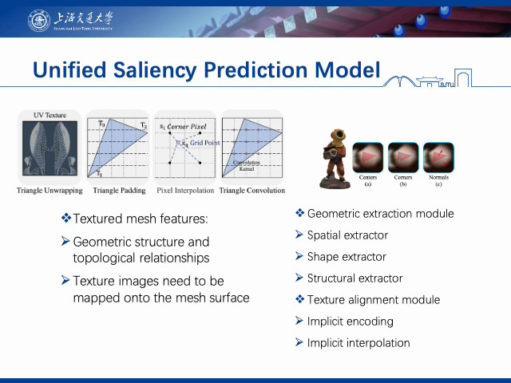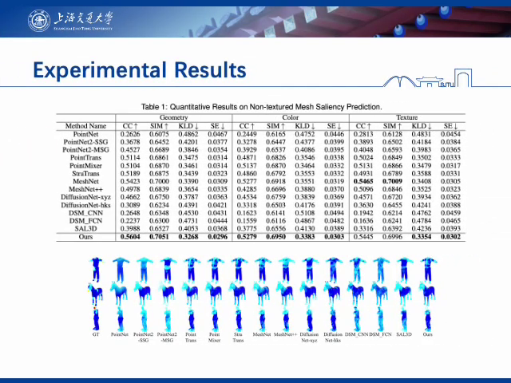Here are the texture extraction model, the geometric feature extraction model, and the texture alignment model. Then we conduct experiments on our built non-textured and textured mesh saliency dataset. Here are the experiment results and visualization.